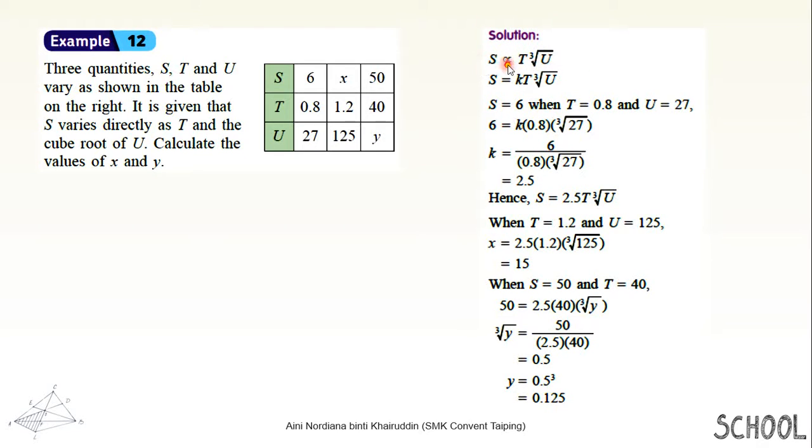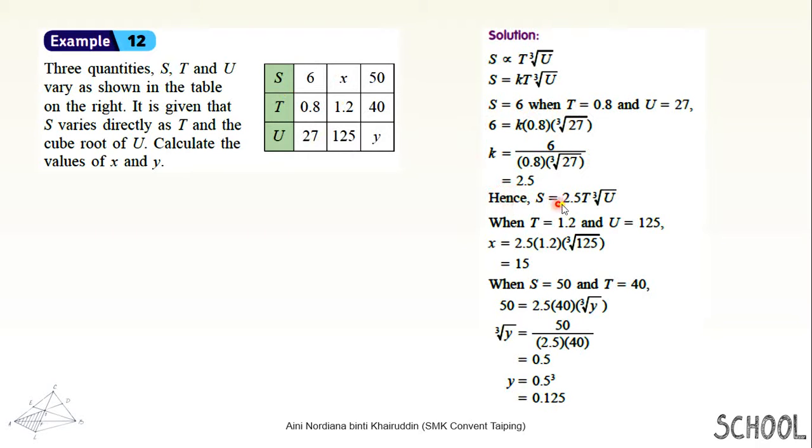S varies directly as T and the square root of U, and then write it as equation form. And then you can substitute the value of S, T, and U as given in this table. And then you get the value of k.